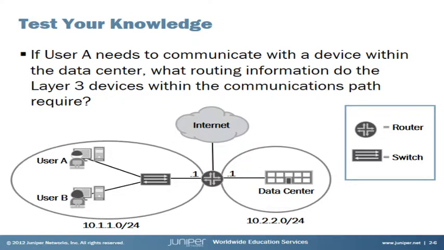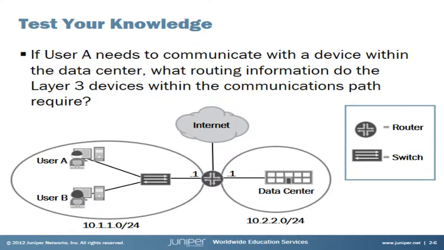What else needs to have some routing information on here? What about the actual user's device? Does it need any routing information? Yes. What does it need? Let's say I'm accessing a web server in the data center.